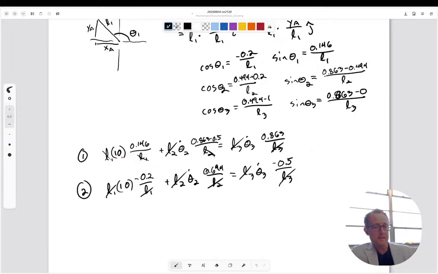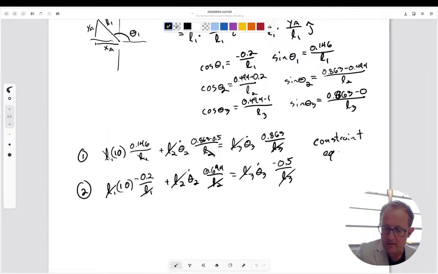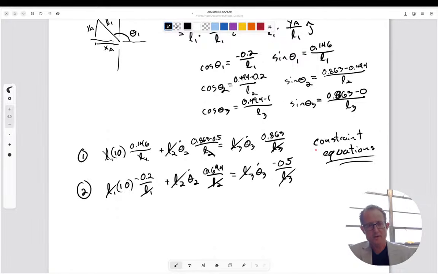So the only things in this equation that I don't know, and there's no other way for me to, I can't use trig to solve this. I have to use those constraint equations to get to theta 2 dot and theta 3 dot.